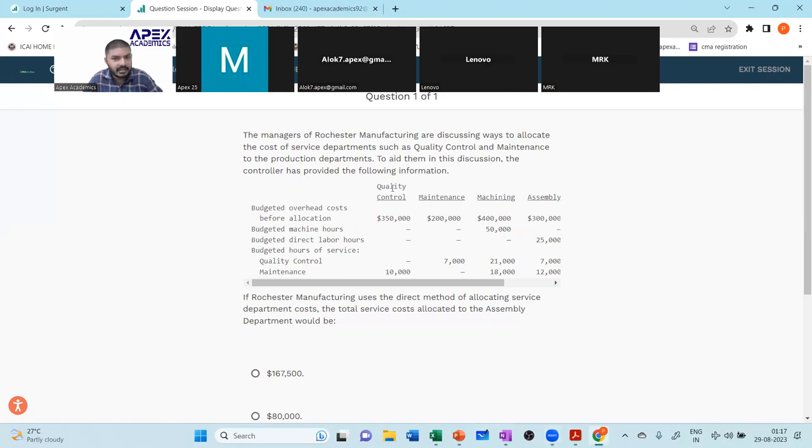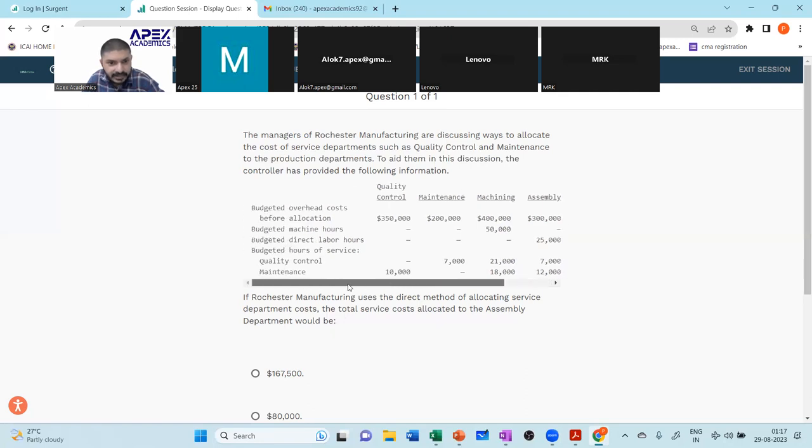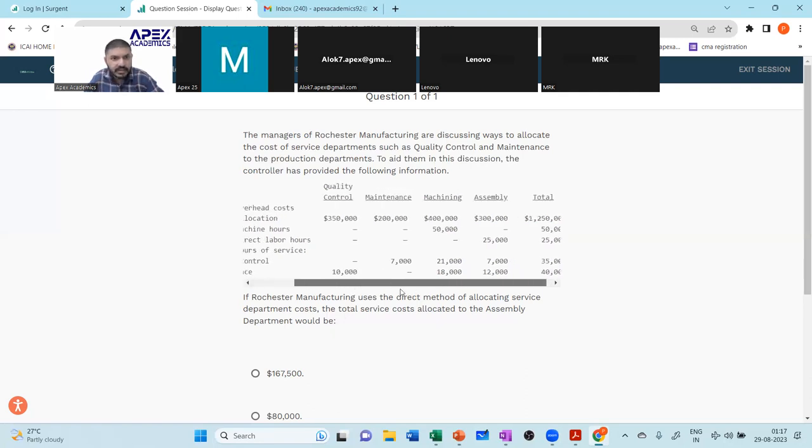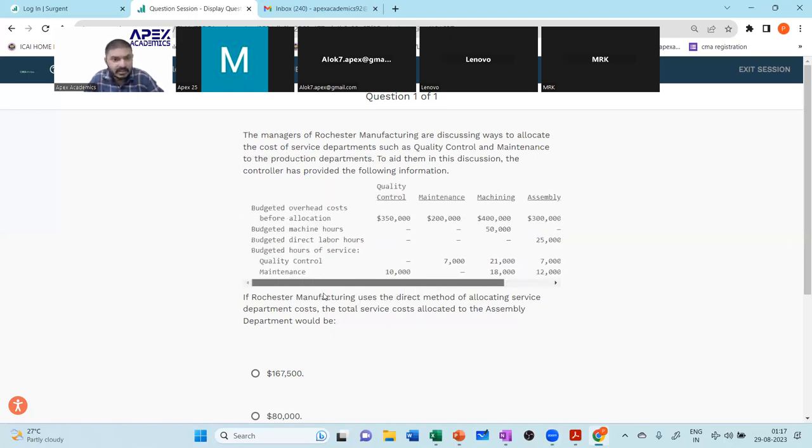The additional details are given. Quality control has a cost of 350, maintenance has a cost of 200,000, machining has a cost of 400,000, and assembly has a cost of 3 lakhs. So total overhead cost is 1250. The machine hours for machining are 50,000, and the labor hours for assembly are 25,000. So machining is machine centered, assembly is labor centered.